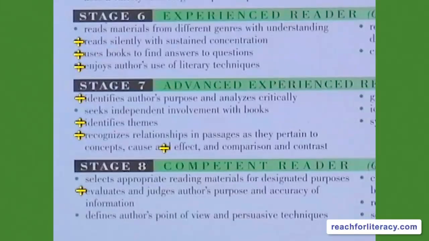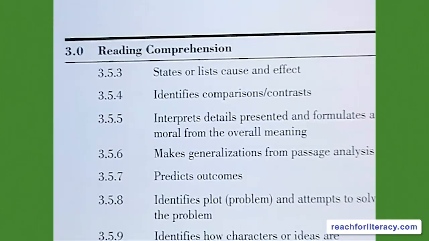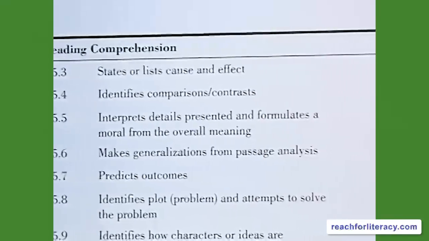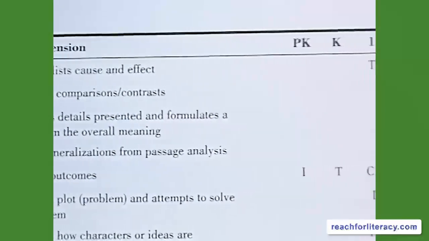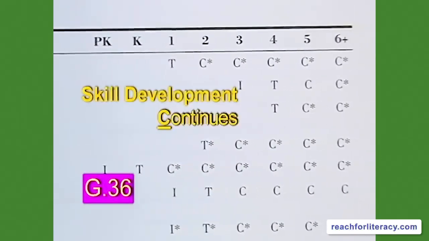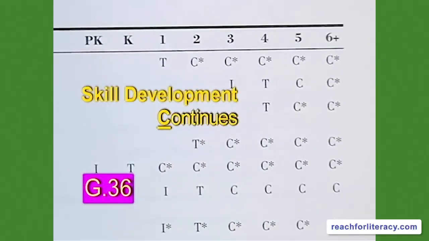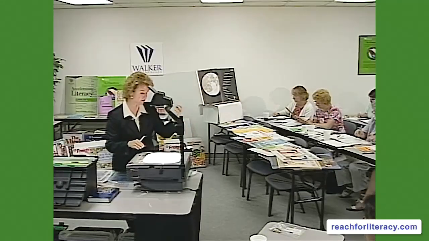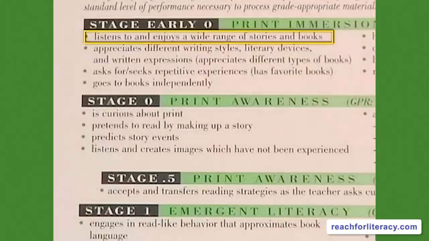What I'm saying here is that even though you're in a situation where you're in the 6th grade, you're in a heterogeneous group, so you're targeting more than just stage 8. Remember we said that this is a cumulative effect. Obviously, the very first thing on the folder, listens to and enjoys a wide range of stories and books, would continue throughout.